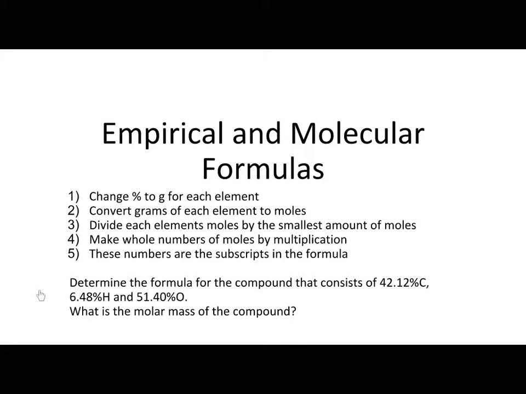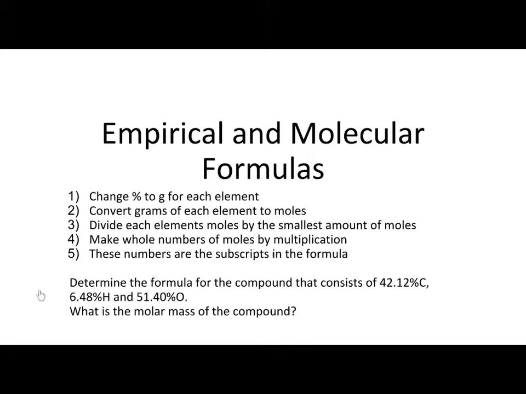So if we have 55% oxygen, what am I going to change 55% oxygen to if we assume we have 100 grams? 55 grams. I assume I have 100 grams unless told otherwise. Sometimes we might tell you that we have 170 grams. We'll talk about those later, but in general, we assume we have 100 grams of a compound. It just makes our math easier.